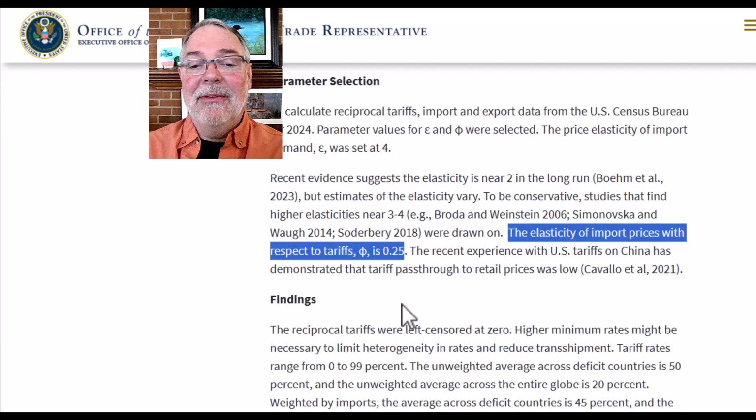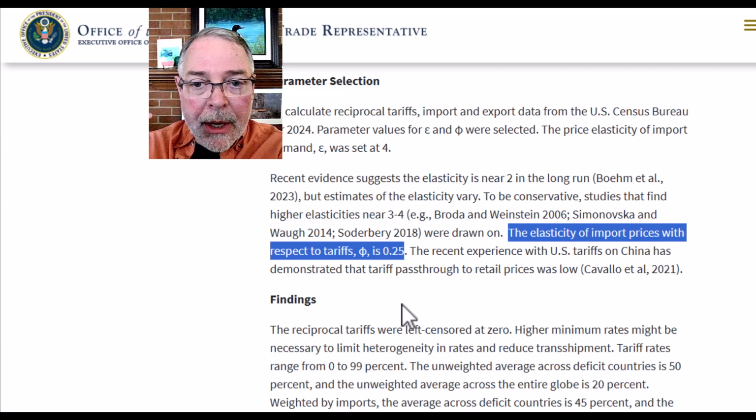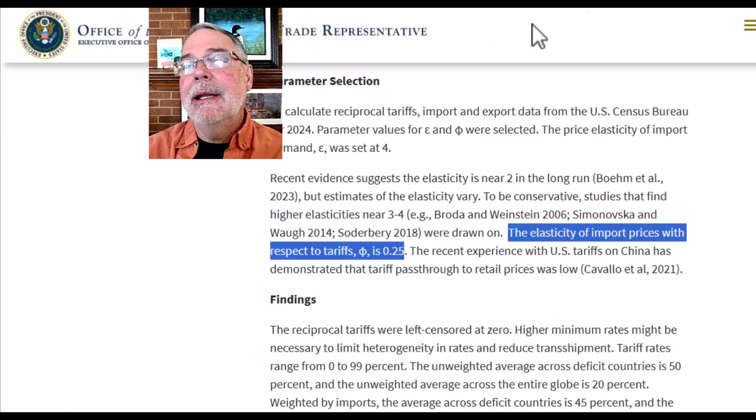The elasticity of import prices with respect to tariffs, phi, is 0.25. They set it to 0.25. Now, what happens if you multiply 4 times 0.25, 1/4? You get 1.